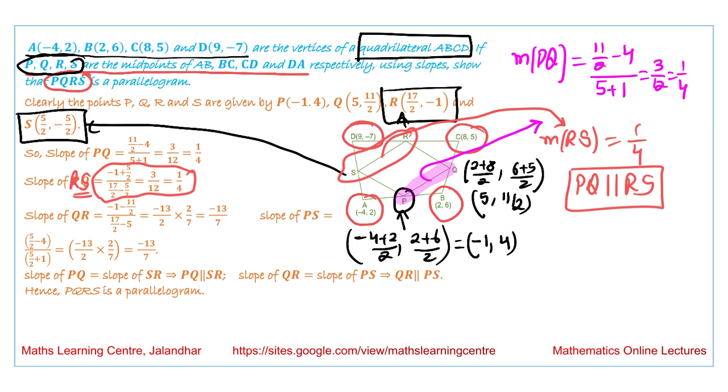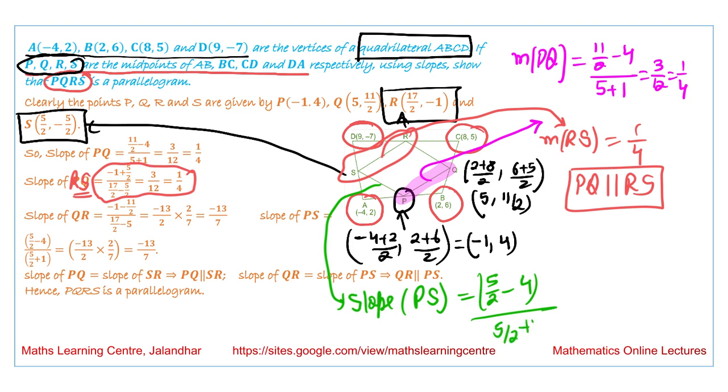Similarly, if we calculate the slope of this line, the slope of PS, it is equal to 5 by 2 minus 4 divided by 5 by 2 plus 1.